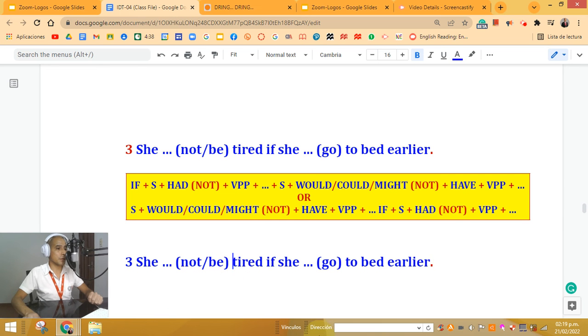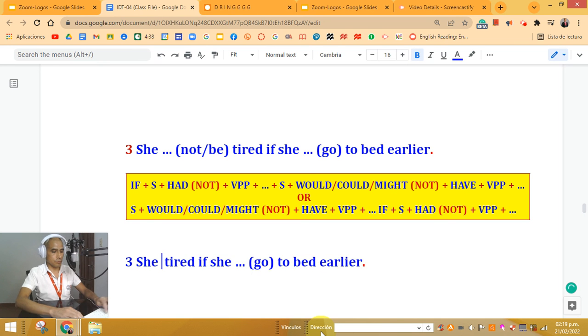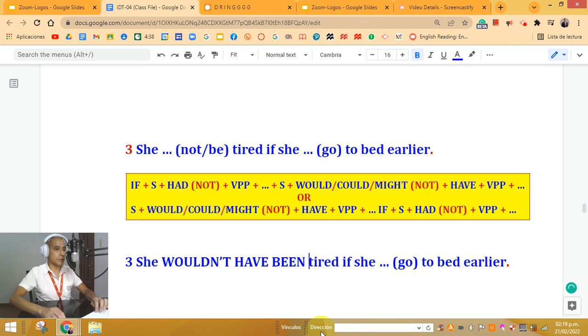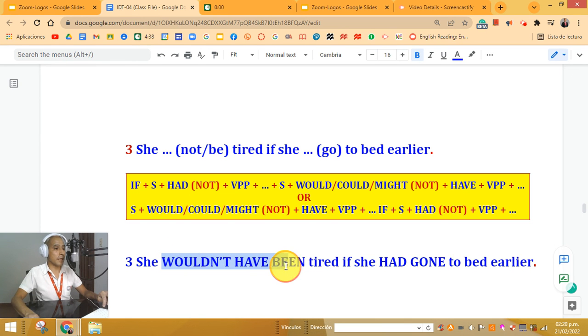So I say, she wouldn't have been tired if she, in this case, I need to use had and the verb in the past participle, had gone to bed earlier.